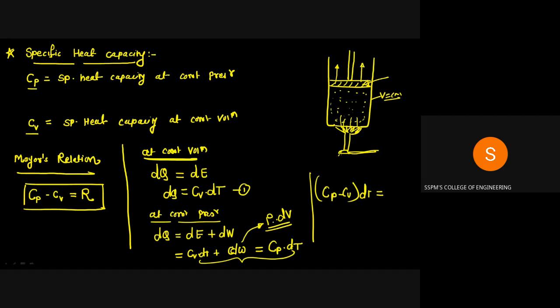So there will be a change in the volume dV, and pressure is constant, so dW is nothing but p into dV. So we have the equation Cp minus Cv into dT is equal to p dV, and this equation is written as Cp minus Cv equal to p dV upon dT, which is equal to the gas constant R.